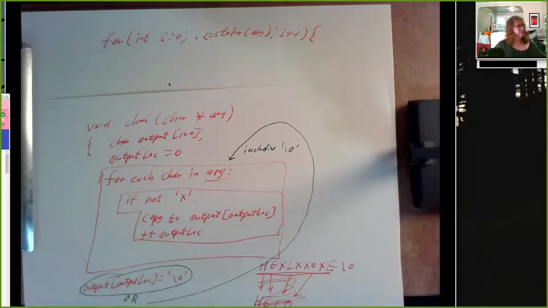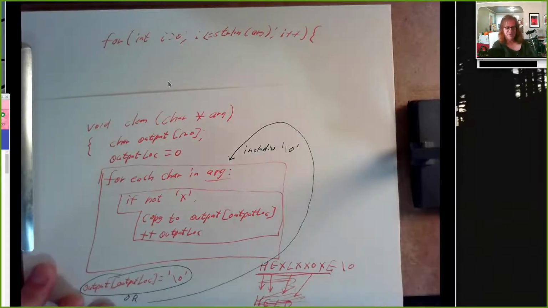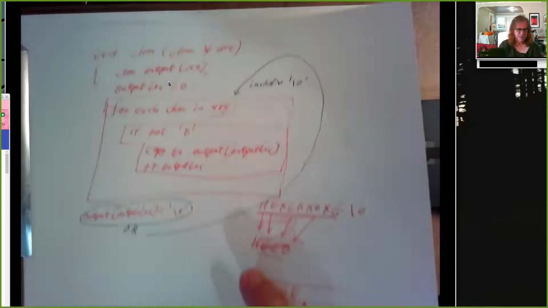Questions about this so far? So this leaves you with a new variable called output, which is the cleaned up version of your argument.